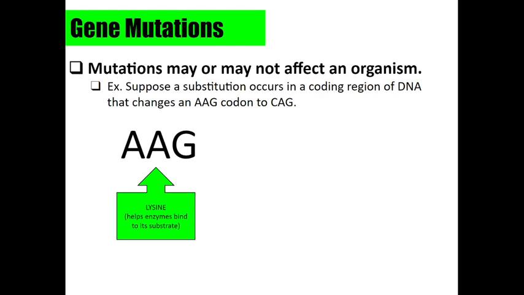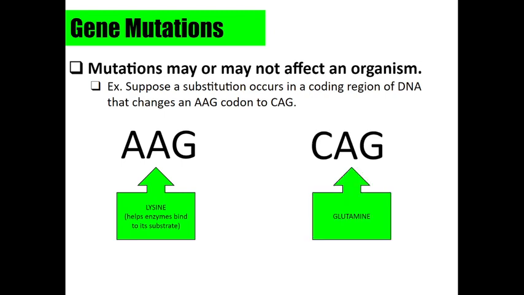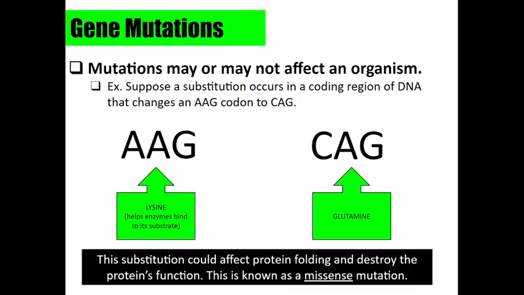AGG codes for lysine, which helps enzymes bind to their substrate, while CAG is glutamine. So the substitution could affect the protein folding and destroy the protein's function. This is known as a missense mutation.